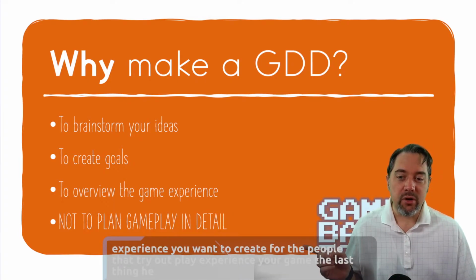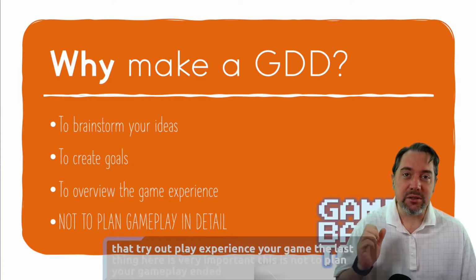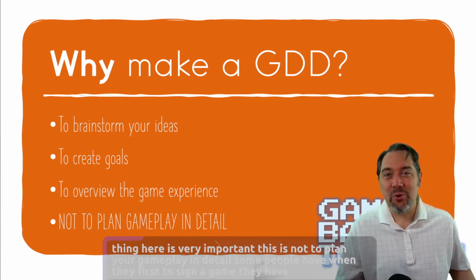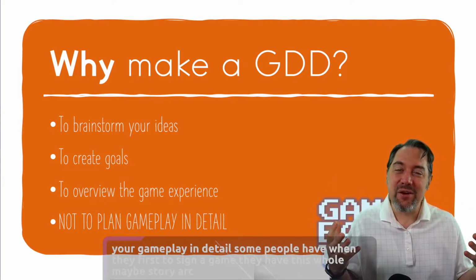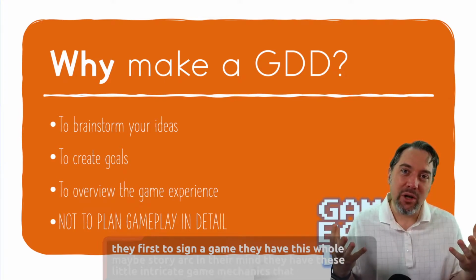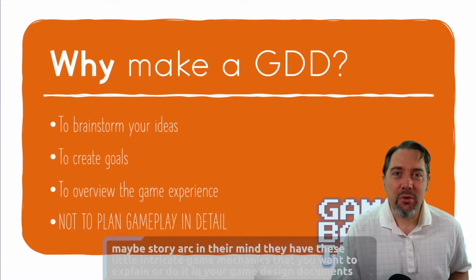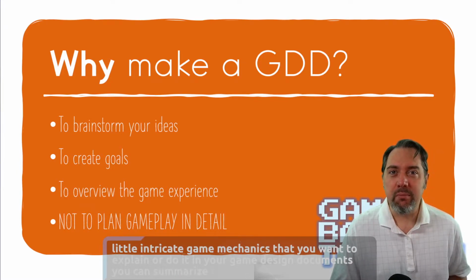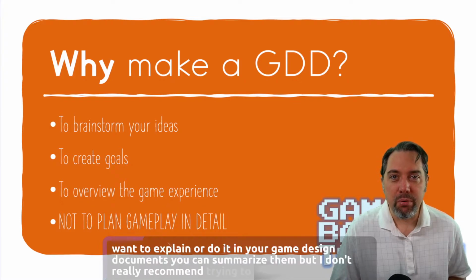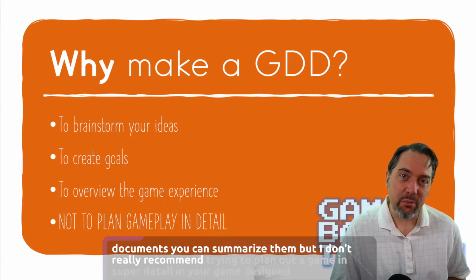The last thing here is very important. This is not to plan your gameplay in detail. Some people, when they first design a game, have a whole story arc in their mind. They have these little intricate game mechanics that they want to explain in their game design documents. You can summarize them, but I don't recommend trying to plan out a game in super detail in your game design document.